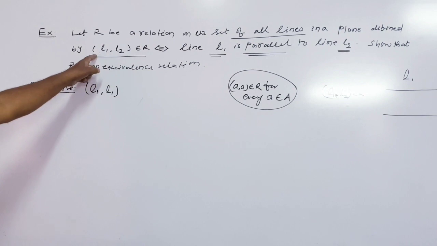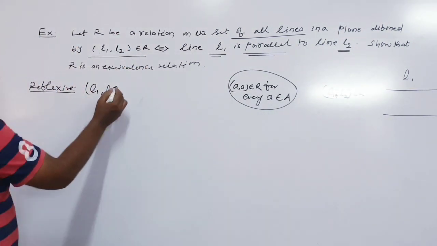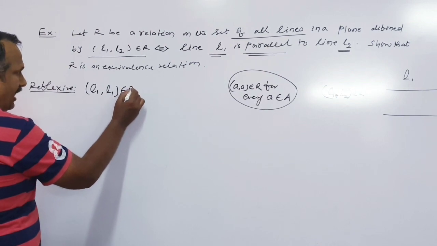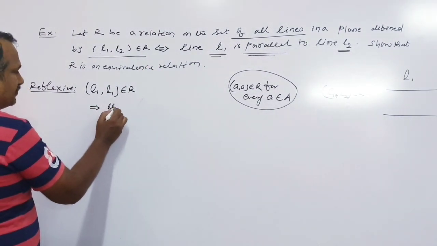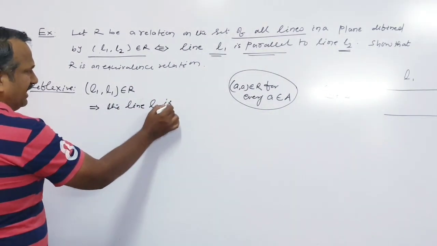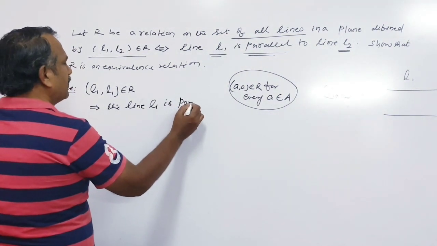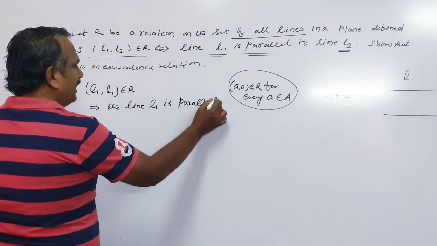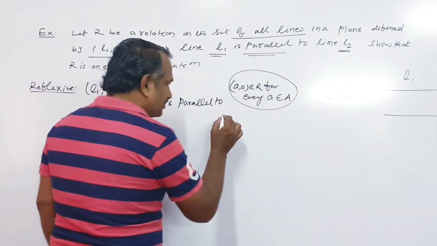Now here (L1, L1) belongs to R. The line L1 is parallel to L1, coincident.